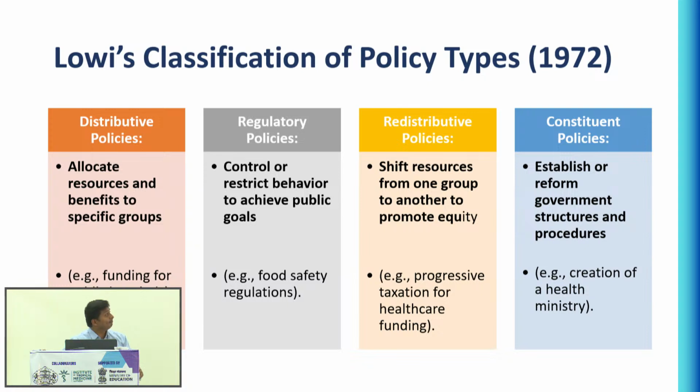Redistributive policies shift resources from one group to another to promote equity. So, there could be a marginalized group and there could be a group which is more privileged. So, whether there is a provision to redistribute the resources so that even the marginalized are benefited from the policy. And constituent policies are those which establish or reform government structures and procedures.